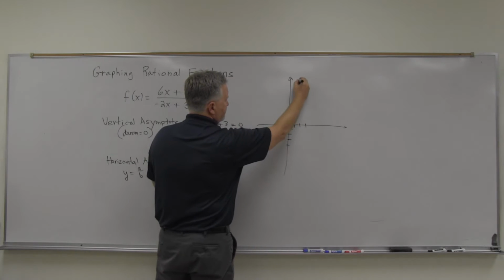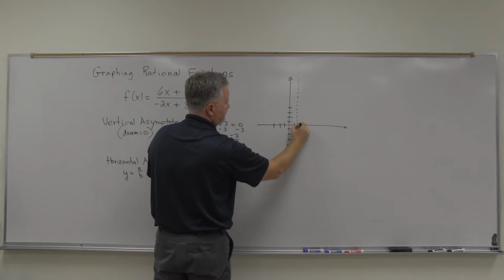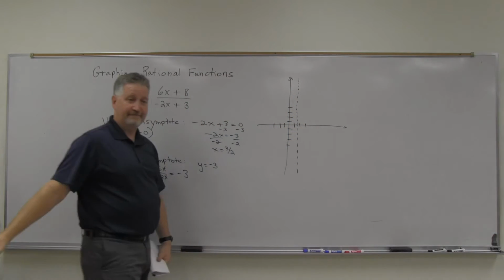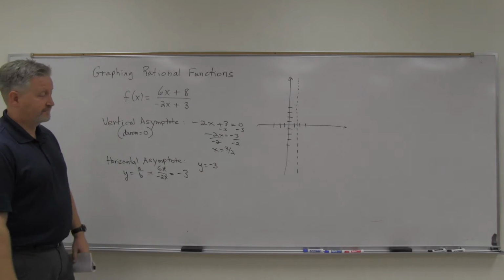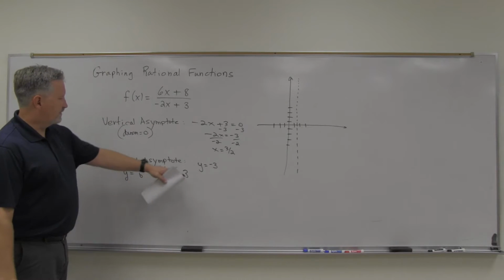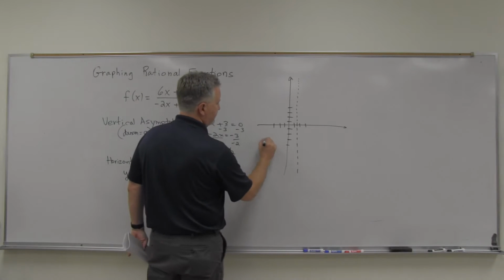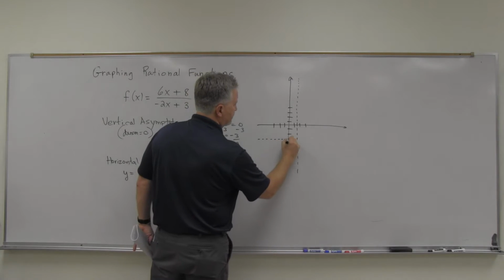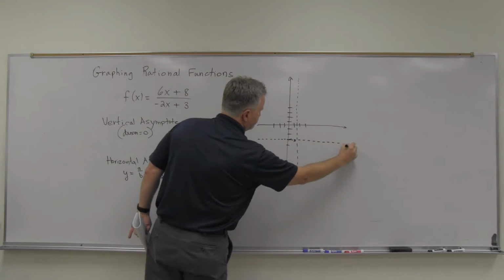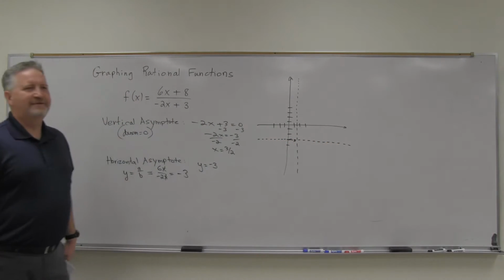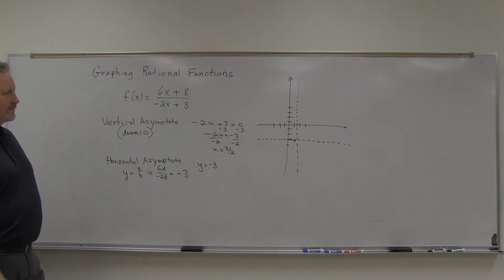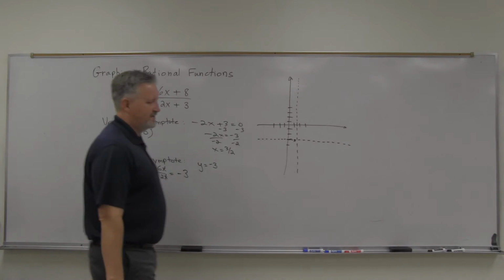So we're just going to put a vertical dotted line through x equals 3/2, 1.5. And then a horizontal asymptote, so that's going to be a horizontal line at negative 3, the y value negative 3. Like I said, we'll discuss more about what that will mean to the graph in a second.